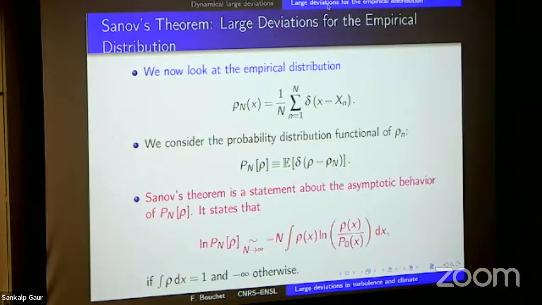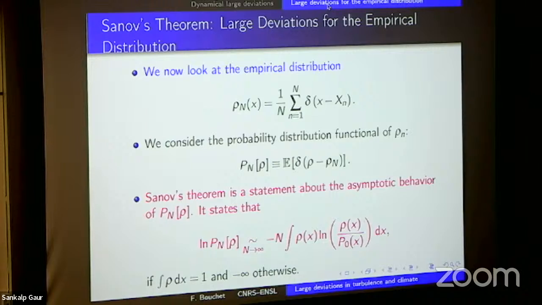So rho n is the histogram, and when n is going to infinity, you expect rho n to converge towards P0, where P0 is the distribution of the independent values of xn. But if n is large but finite, then you expect some large deviation rate function. And so then the logarithm of Pn is equivalent to minus n multiplied by some rate function.